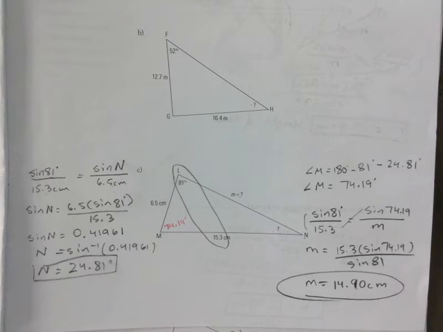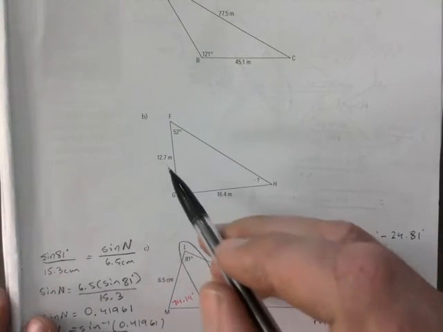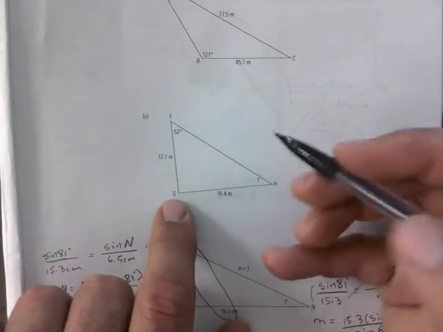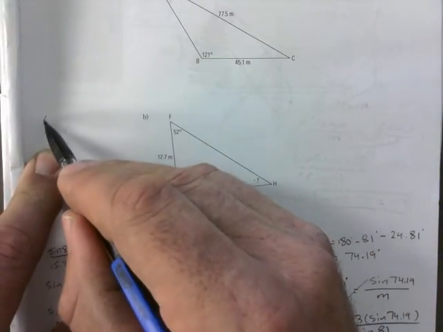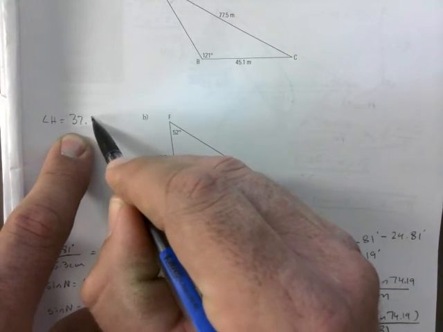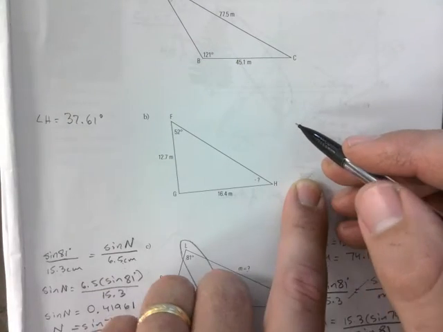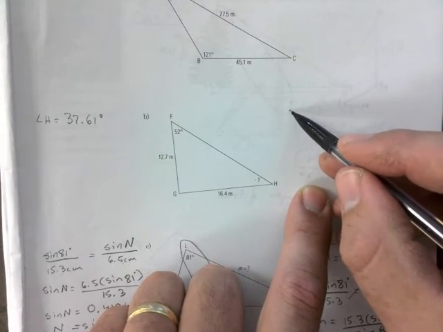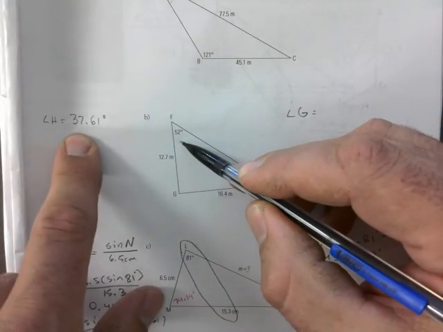I'm going to go with the majority here when it comes to the middle. What do we get for angle H? 37.61? Okay, that's easy. Just get my students to make the key for me. And then angle G would just be this and this, right?